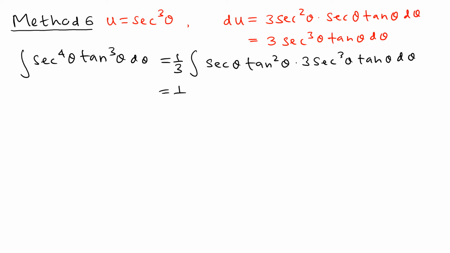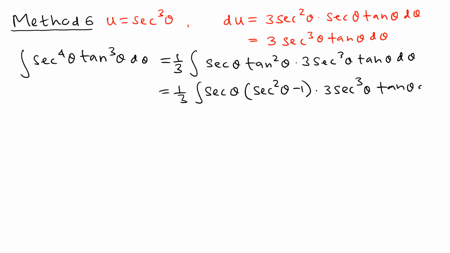Now we try to rewrite the rest of the integral using secant cubed. To do that, we can replace secant theta tan squared with secant squared theta minus 1, and then we leave the rest of the integral, secant cubed theta tan theta d theta.